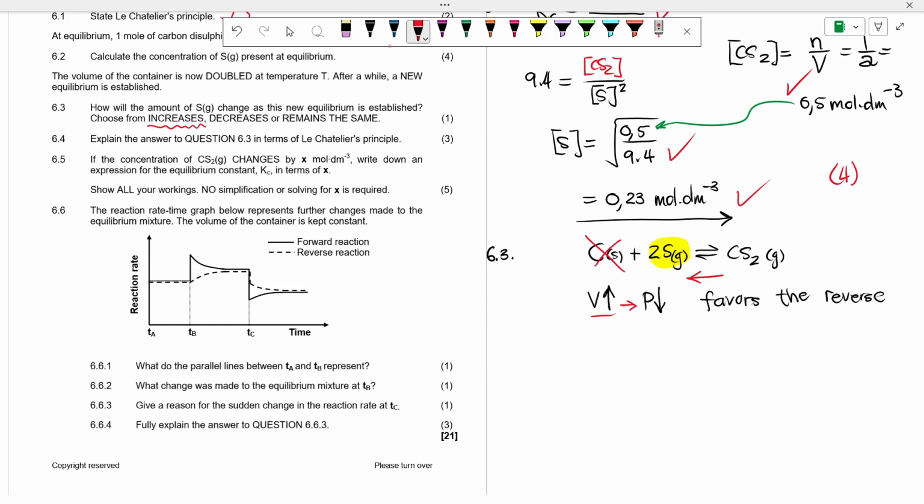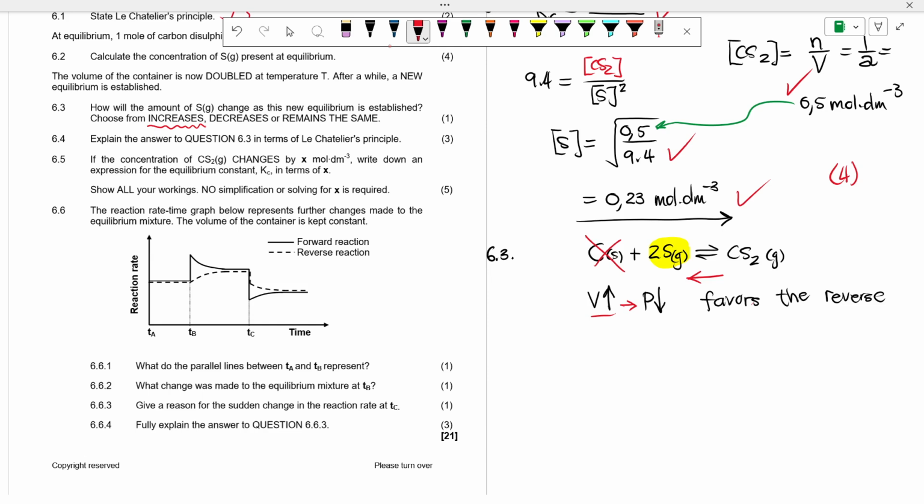So yes, if the C was a gas, were we going to include it? Yes. If it was a gas or aqueous, we were going to include it.